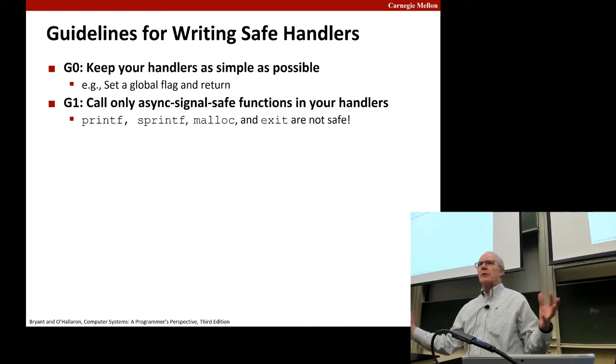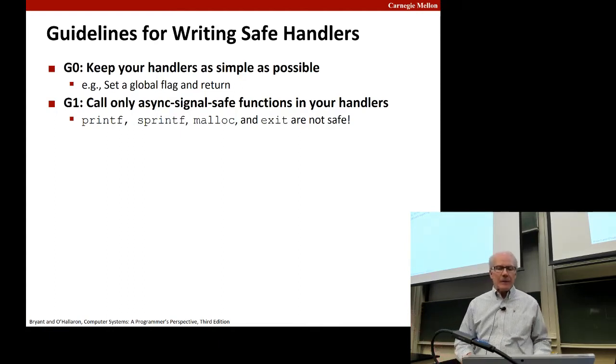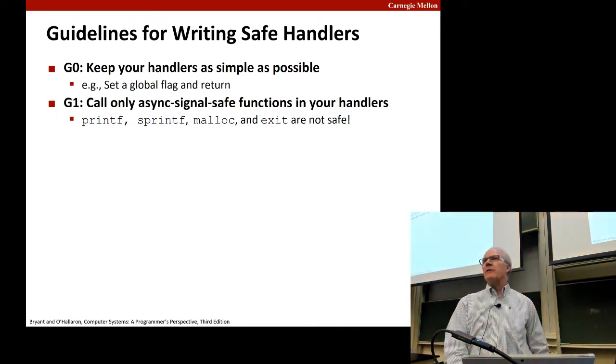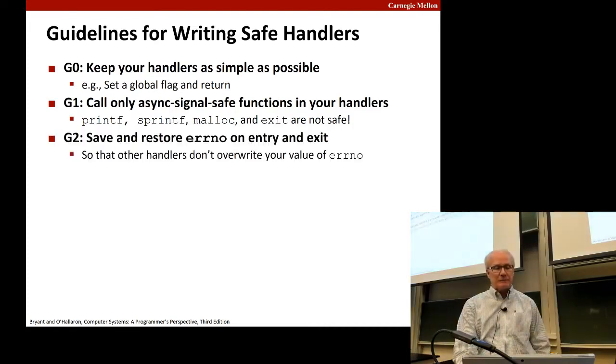Signals are a way to communicate between processes and create concurrent events, and they have some really bad interactions for some functions. We'll talk more later in the term about what those bad interactions are. But the bottom line is a lot of functions that you'd like to call, including printf or sprintf, are not considered safe ones. So that code I showed you before is actually not good.